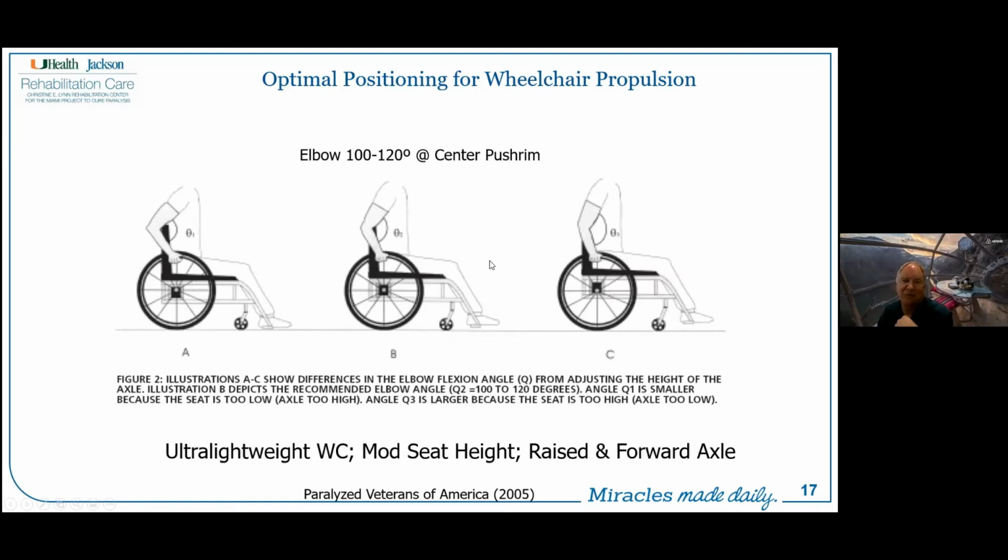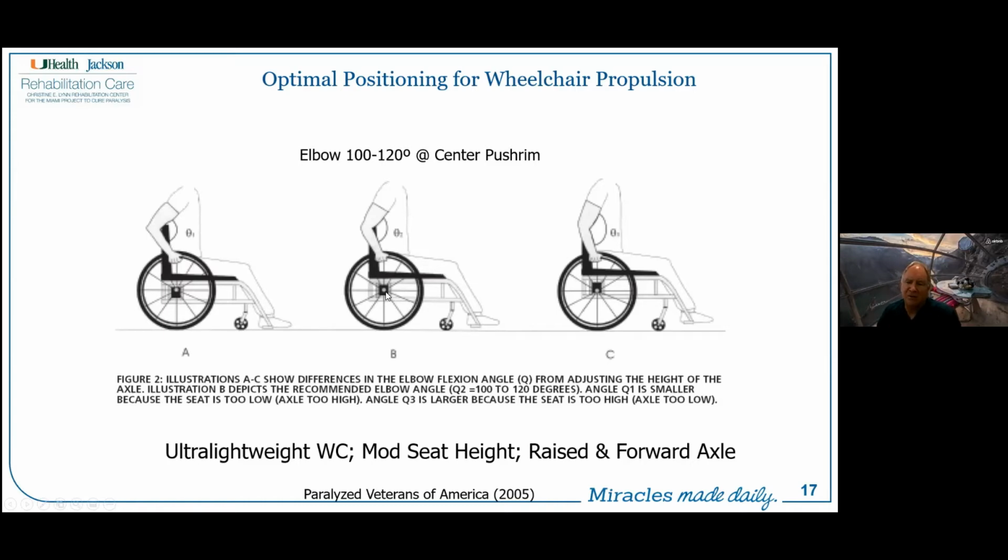B is the configuration that you should be shooting for. This little circle in the middle of the square is the axle, and this represents where the axle should be sitting. You do want to have this as far forward as possible without losing stability. As you move the axle forward closer to the caster, you make the chair more tippy, but it also makes it more maneuverable.